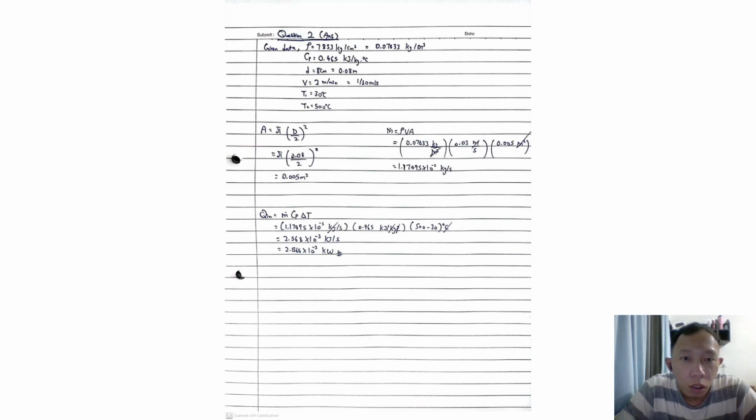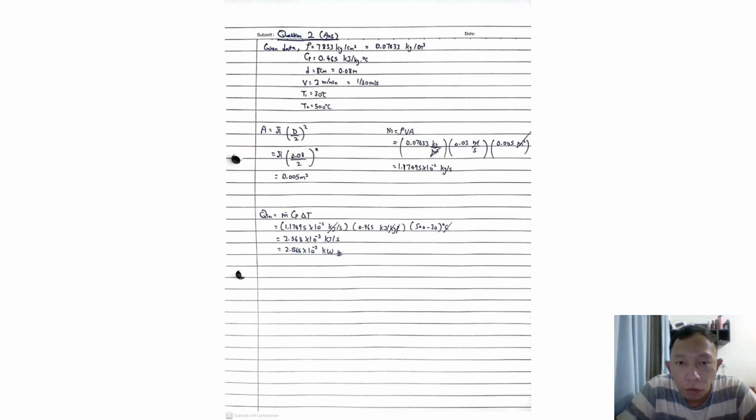For question 2, the answer is to find the heat. First, we convert the diameter using the area, pi times d over 2 squared. The diameter is 0.08, over 2 squared, and we get 0.005 meter square.